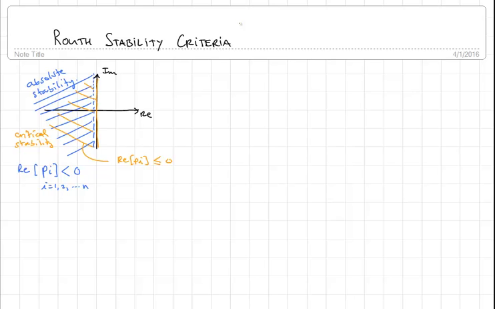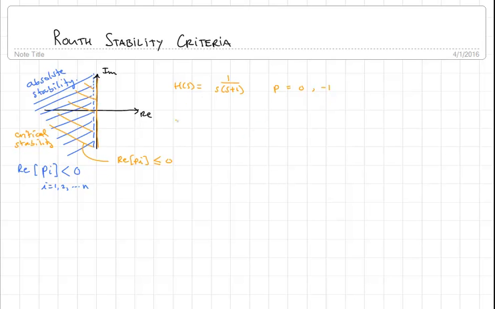As an example, if we have some transfer function H of s equal to 1 over s times s plus 1, then we have poles at 0 and at minus 1.